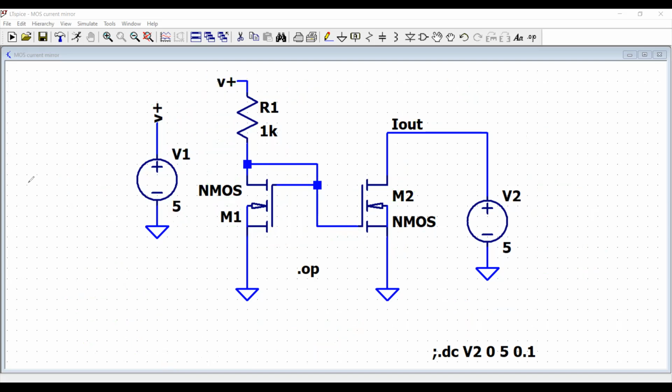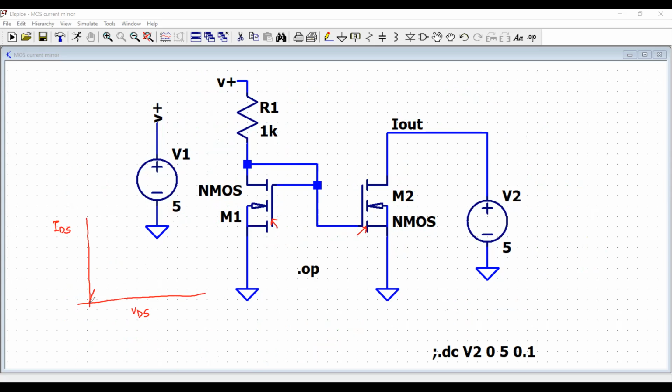Now I said in the beginning that MOSFETs M1 and M2 both need to be operated in the saturation or the active region. So what does that mean? Here we have the IV characteristics of the MOSFET, where IDS is your drain to source current and VDS is your drain to source voltage.